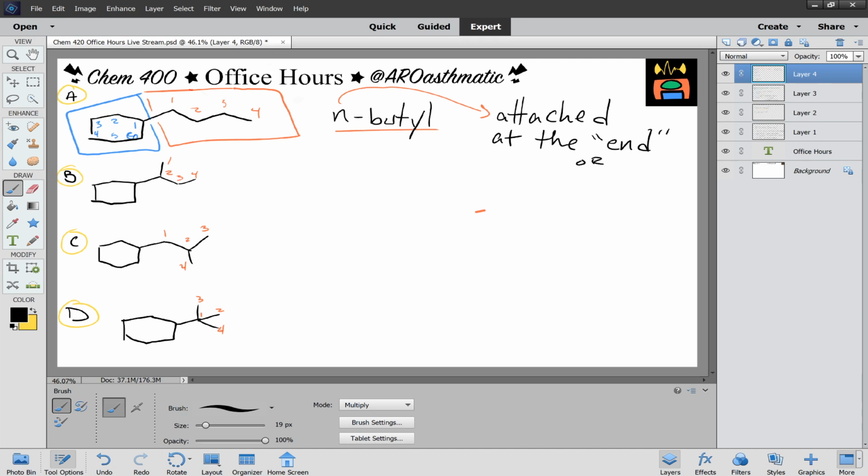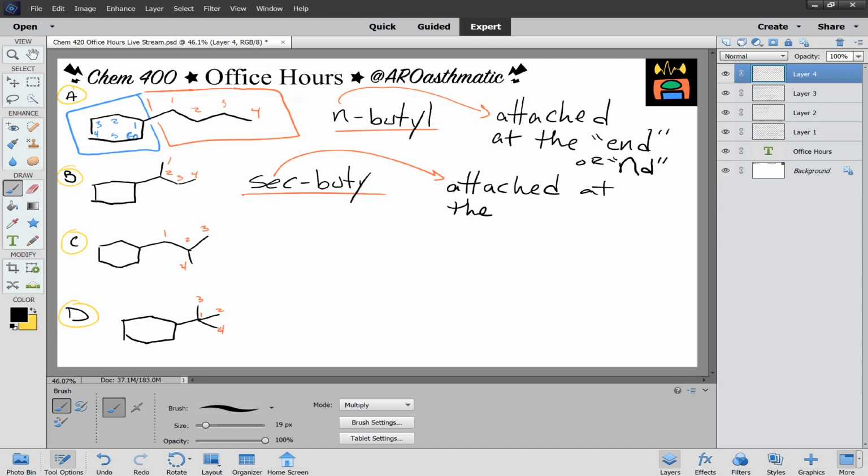That's the mnemonic I use there. For B, this is called, as you already know, sec-butyl. Because again, the way I remember it, it is attached at the second carbon.